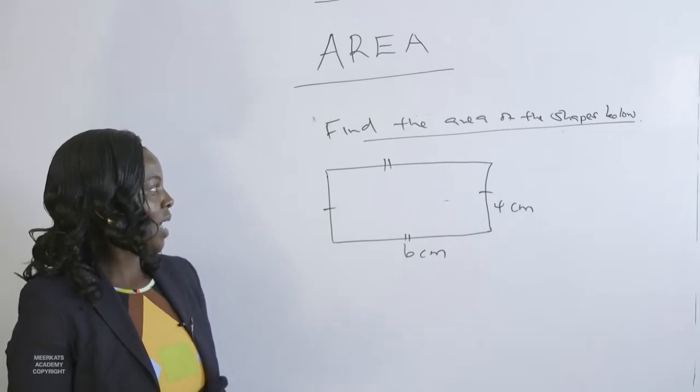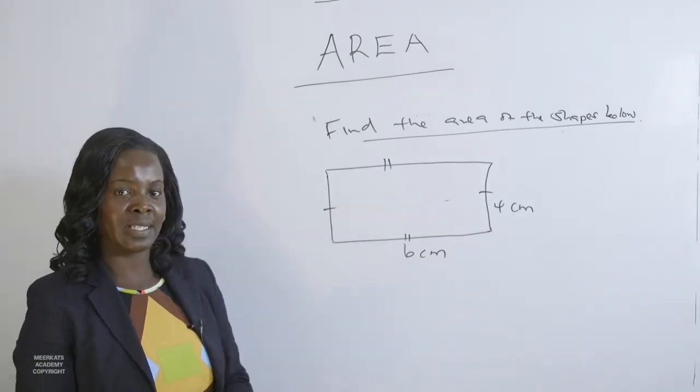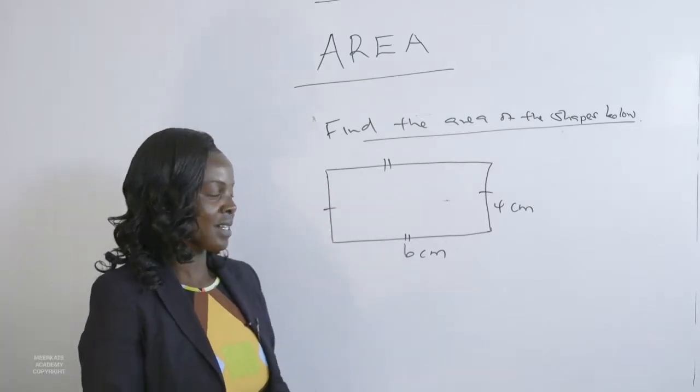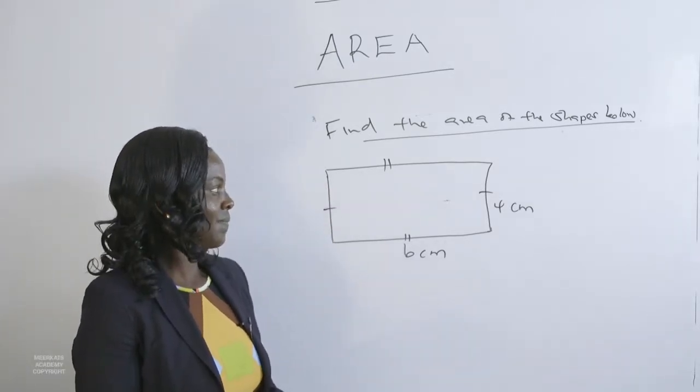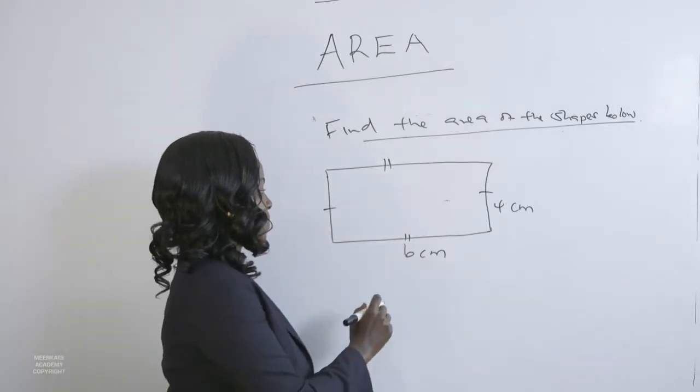So let's look at how to find the area of a rectangle. A rectangle, we have said in our last lesson, has opposite sides that are equal and parallel. This is an example of a rectangle.